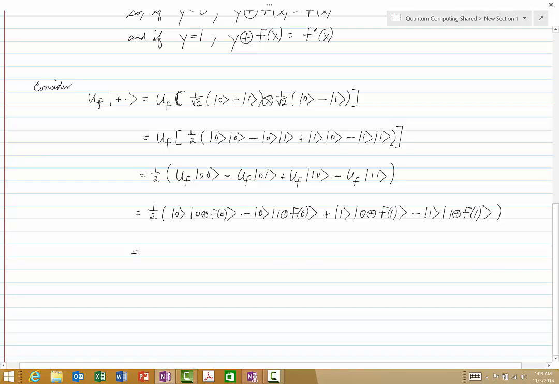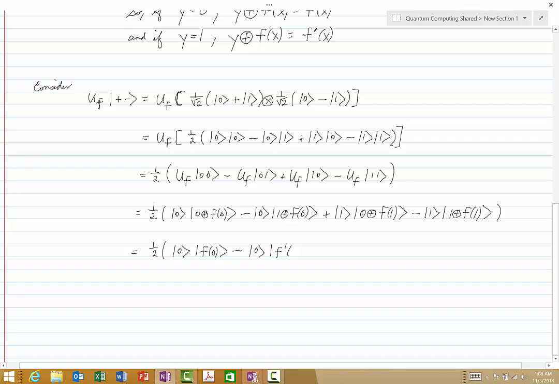Now, what does this give us? Okay, remember, 0 exclusive or f of 0 will just be f of 0. So we'll have 0, f of 0, minus 0, and 1 exclusive or f of 0 would be f prime of 0.